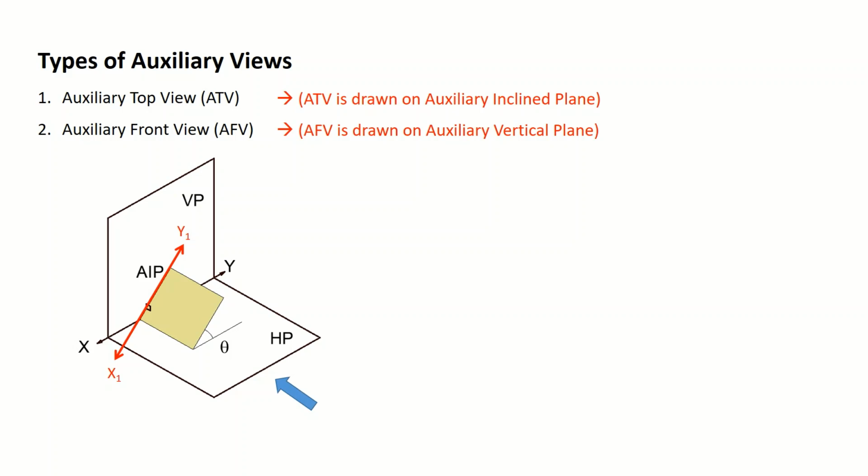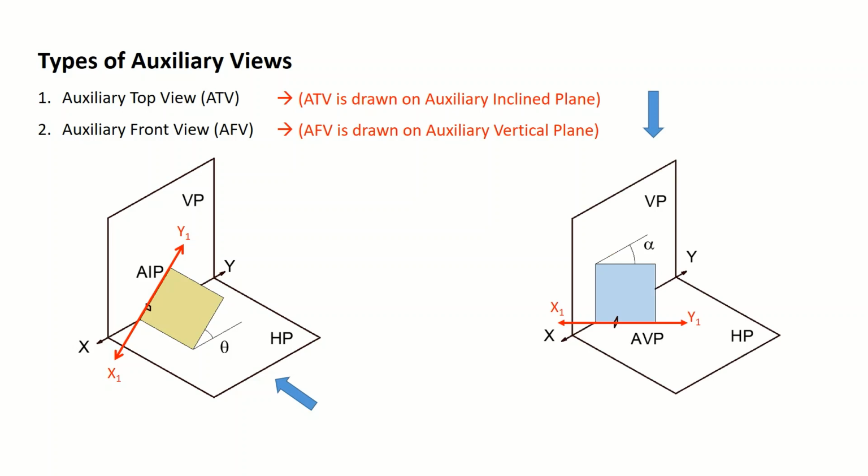Similarly, AVP is another type of auxiliary plane which is normal to the horizontal plane, and it makes an angle alpha with the vertical plane.